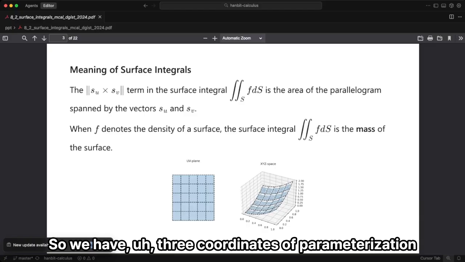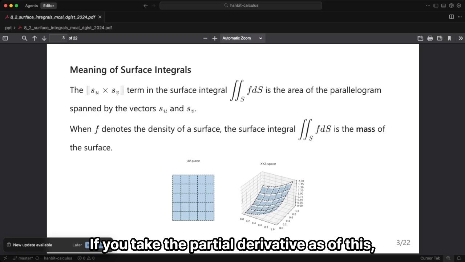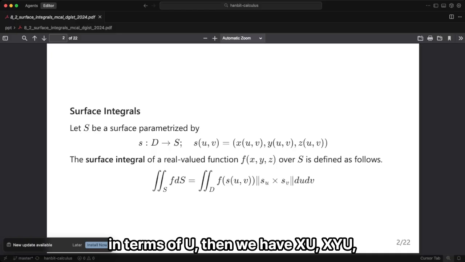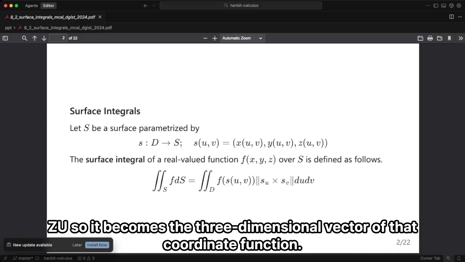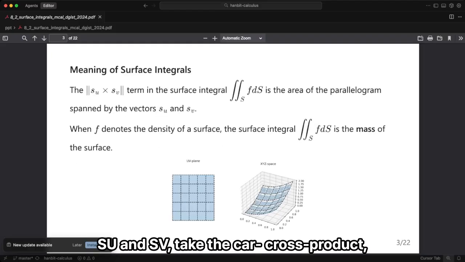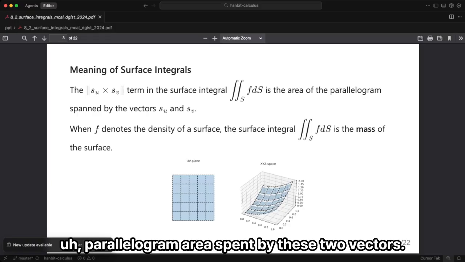We have three coordinates of parameterization and two parameters, u and v. If you take the partial derivative in terms of u, we have xu, yu, zu, so it becomes a three-dimensional vector. Same for Sv. Take the cross product and the norm of that cross product, and it is the parallelogram area spanned by these two vectors.